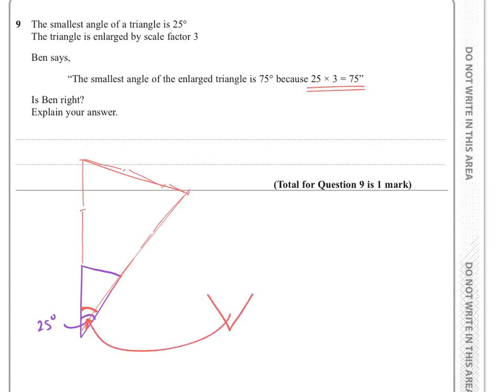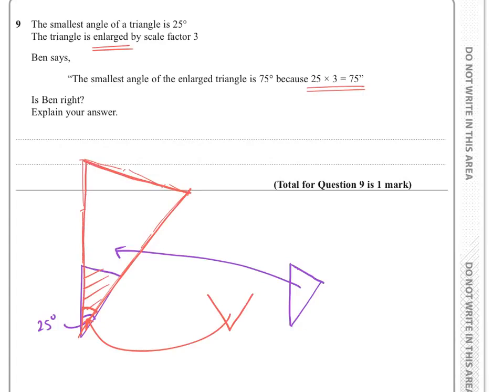And if you enlarge that by a factor of 3, you would not get similar triangles. When you enlarge something, this triangle here, the smaller one, which I can draw separate, okay, has got to be similar to this large enlarged triangle here, the red one.